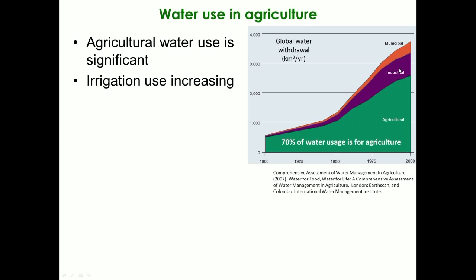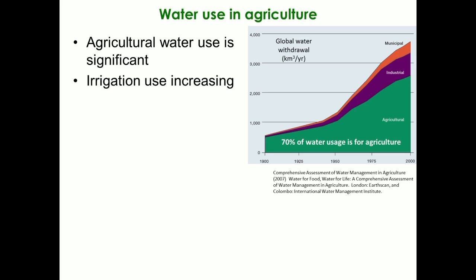Industrial uses, again, are relatively moderate overall, but it's the agricultural use that's really quite substantial and has grown, as you can see here, quite substantially over the last century as the agricultural demand for fresh water has grown, as our population's demands for food productivity has grown.